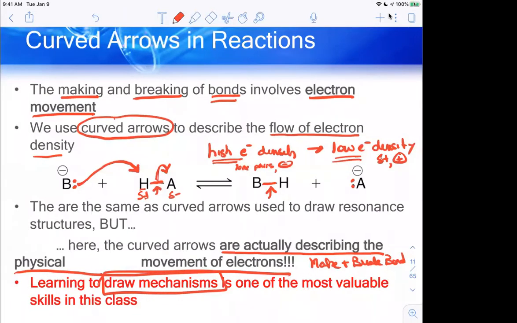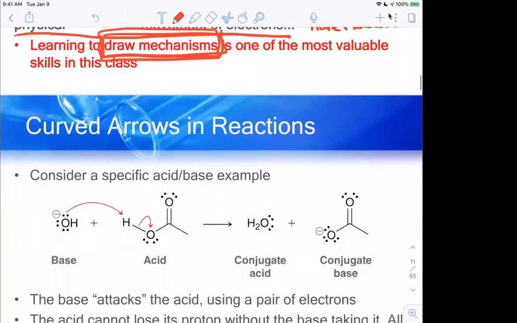This is sort of what we describe as a mechanism. Knowing how to draw mechanisms is extremely important in organic chemistry. You have to be able to reproduce this movement of electrons on tests and quizzes to describe the making and the breaking of bonds due to this electron movement in a chemical reaction.